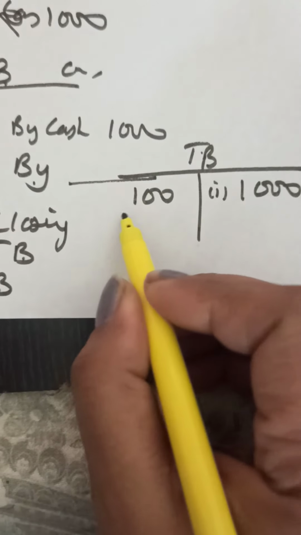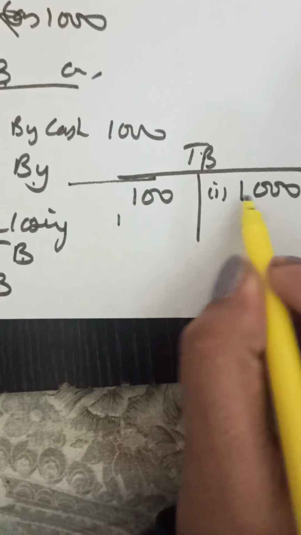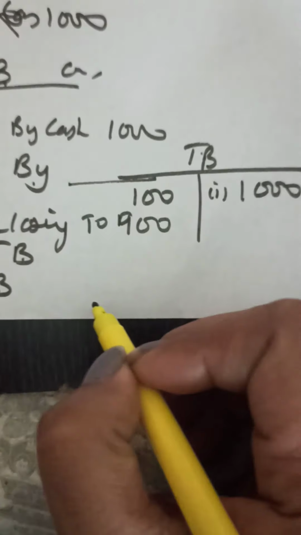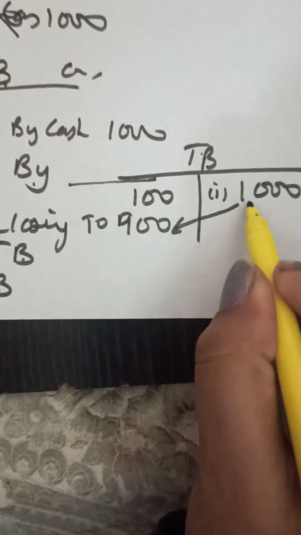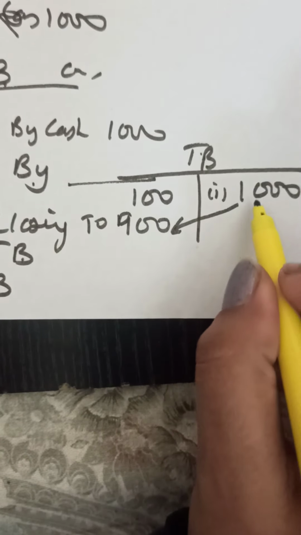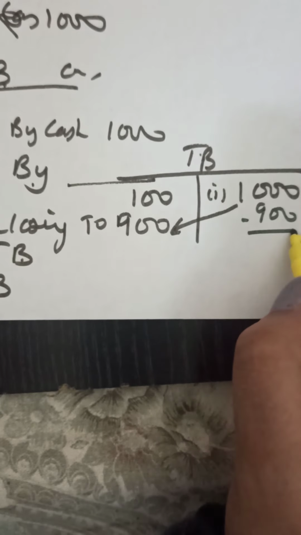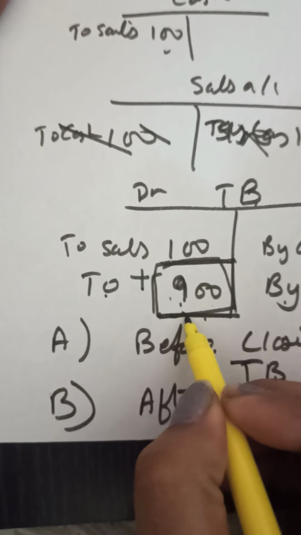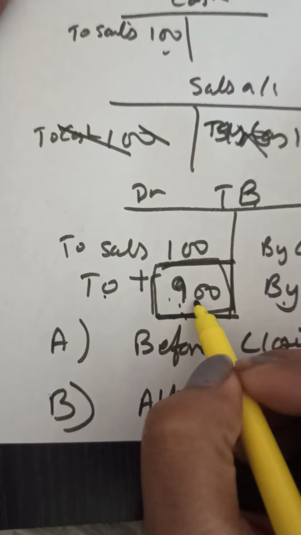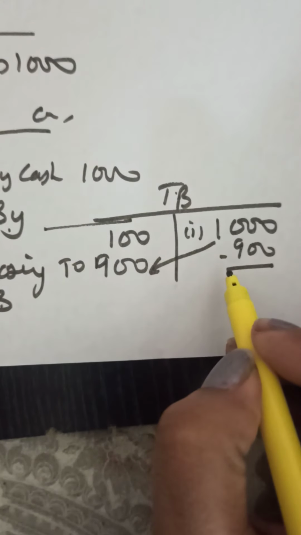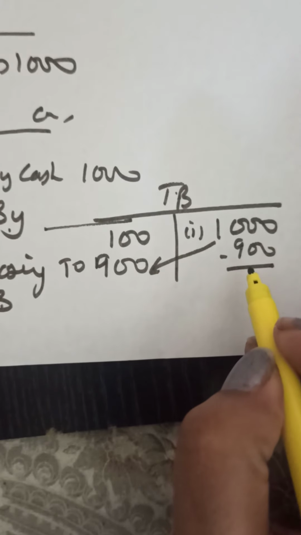I write the difference, 900, on the reverse side, whichever side is over. Whenever I have to take out some amount from here, I always post on the reverse side. When I have to add some amount, I post it on the same side. If 900 has to be added, it goes on the same side, the debit side. If 900 has to be taken out, it will be on the credit side. I write that amount on the credit side and the error is removed.